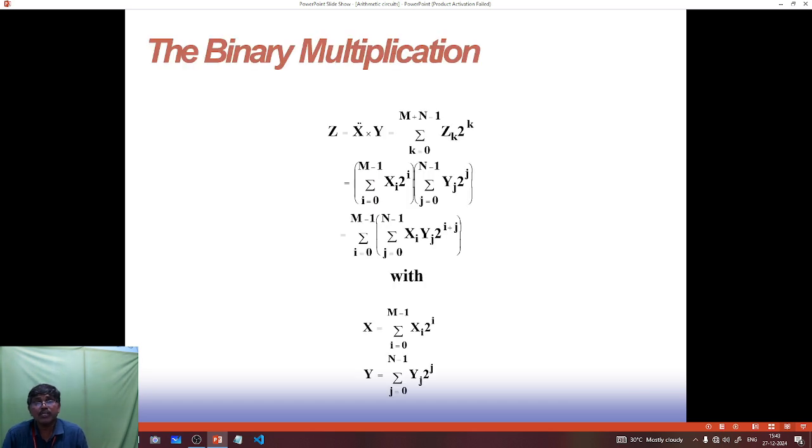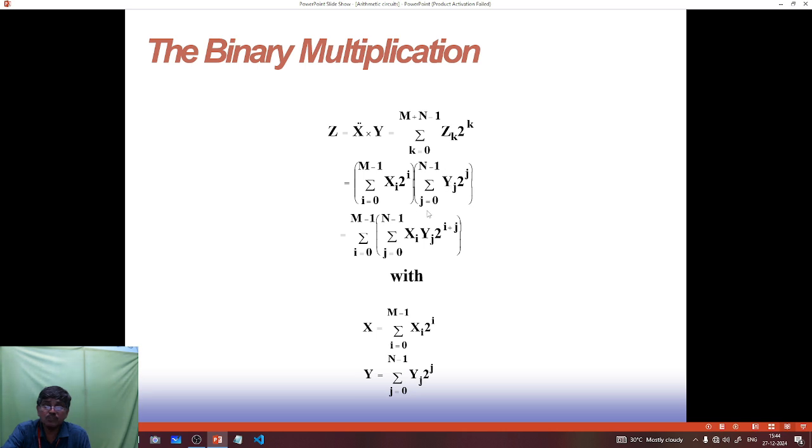Multipliers. A multiplier is used when you multiply two numbers, which may be 4-bit, for example A0, A1, A2, A3 and B0, B1, B2, B3. Here it is given as Z equal to X into Y. The summation of k equal to 0 to M plus N minus 1 of Zk into 2 power k is the summation of Xi into 2 power i, for i equal to 0 to M minus 1, times the summation of Yj into 2 power j, for j equal to 0 to N minus 1.